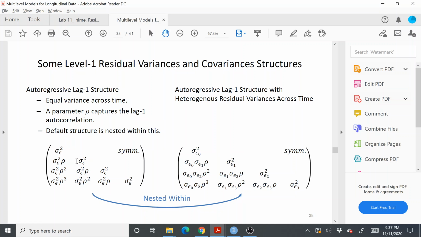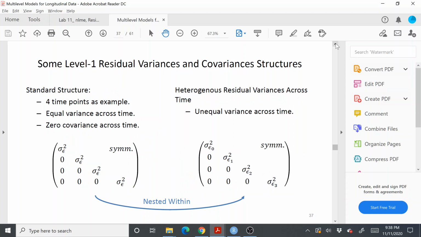So you see along the diagonal, you have the residual variance, which is considered the same at each time point. But then in a normal design, we typically assume that the covariances between each time point would be zero. So in a normal design, we would not consider the time points to be correlated.